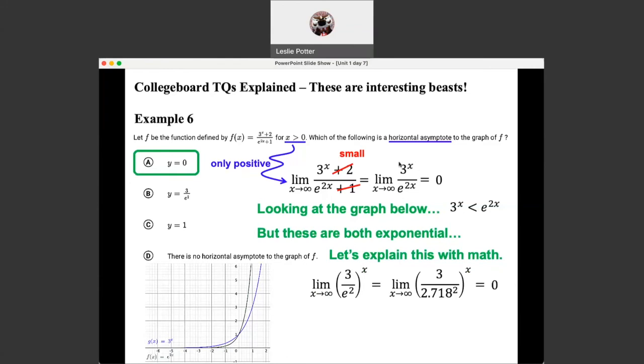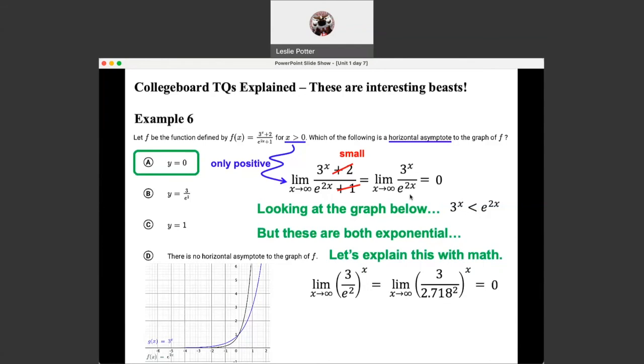Just a last comment about looking at this though. When we look at the fact that the 3 and the e are different numbers, we really should focus on the powers. So this power of 2x is going to dominate over a power of just x, even if these numbers are different. You know, the powers are all powerful, so to speak. So we know that the bottom then grows much faster.